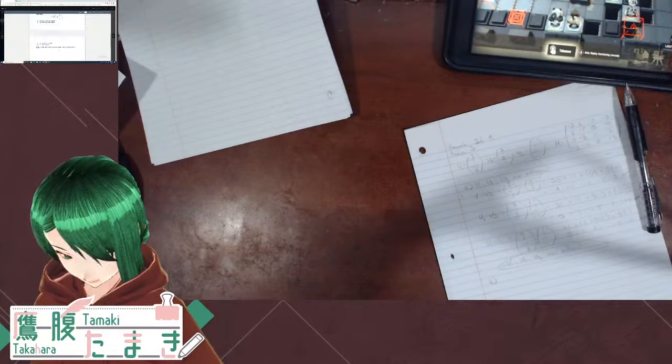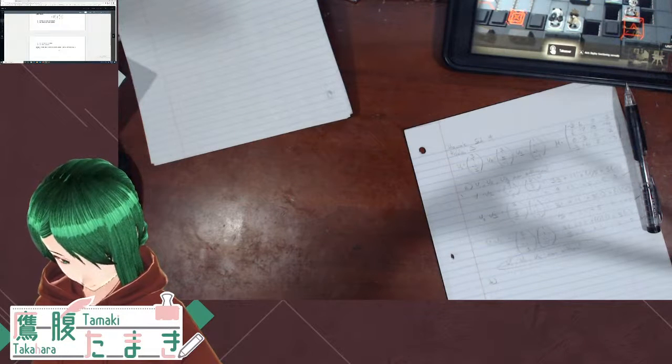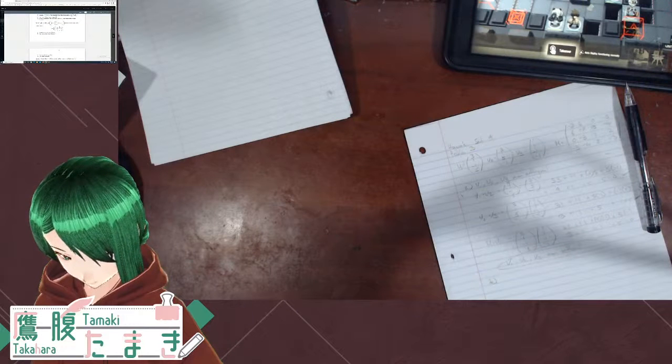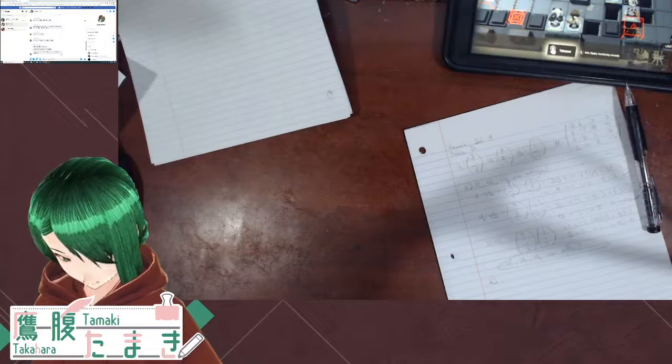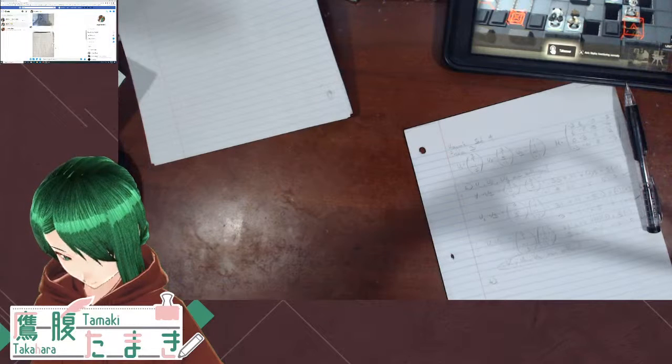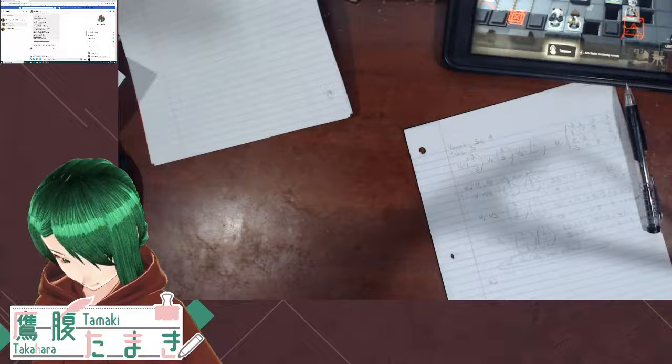Find the 4 eigenvalues. See if anyone has tips for problem 3. Problem 3.